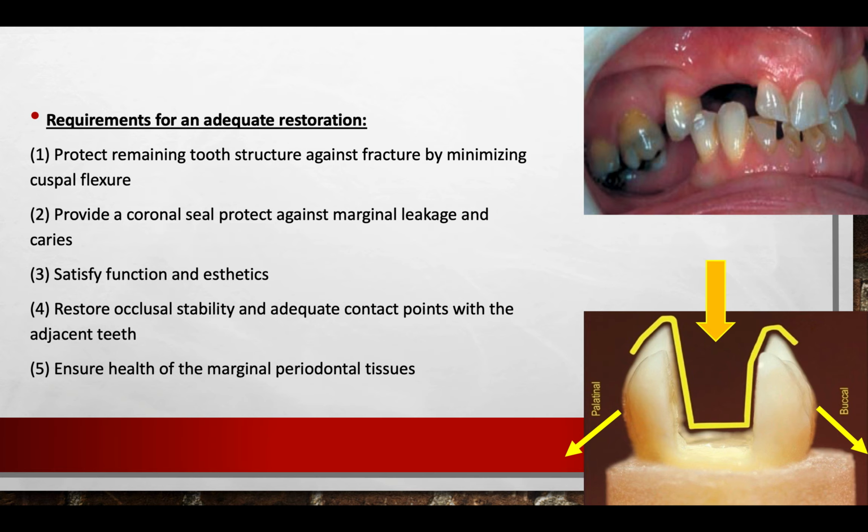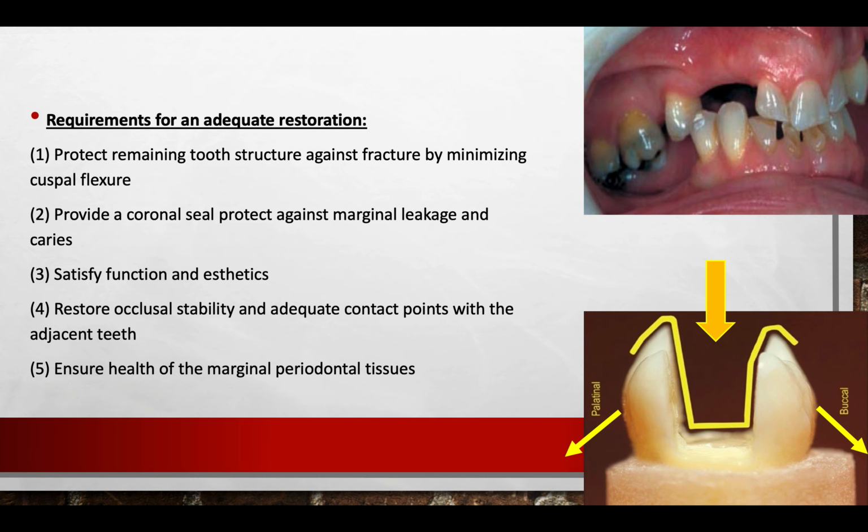Now, when deciding the most appropriate restoration for the tooth we want to do root canal treatment on, what are the objectives to consider? So, what do you want from your coronal restoration?